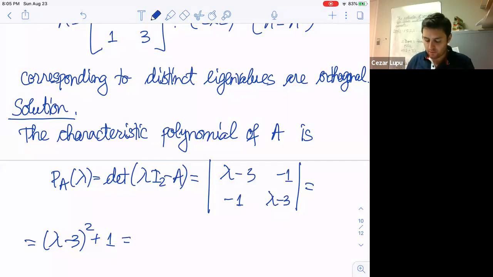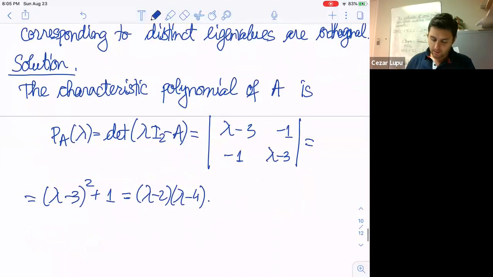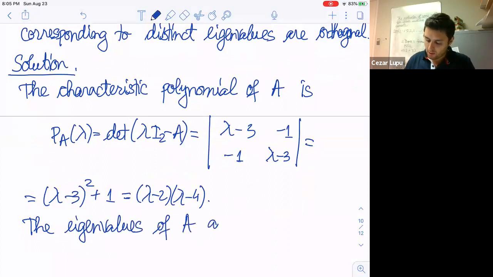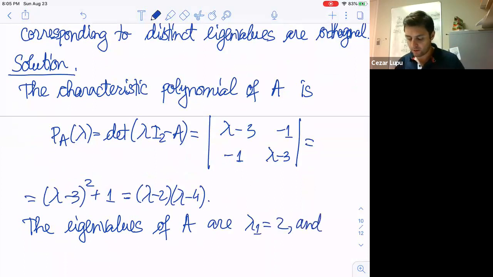And this will give us lambda minus 2 times lambda minus 4. Clearly, the eigenvalues are distinct: lambda 1 equals 2 and lambda 2 equals 4.